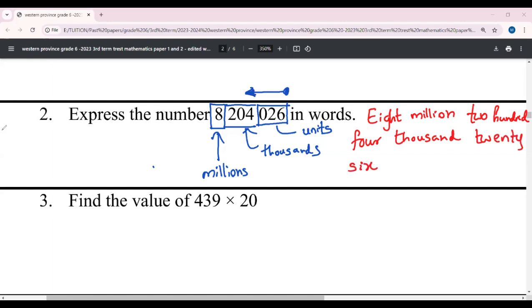So you have 8 in the millions period, 204 in the thousand period, and 26 in the unit period. So this is how you find this kind of numbers, right?